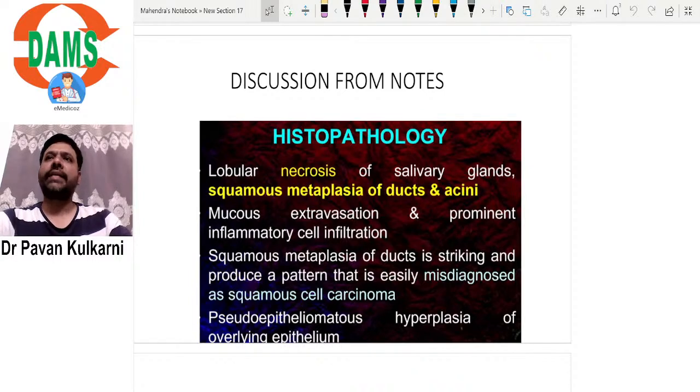Oral cancer will show atypia, which is not seen in necrotizing sialometaplasia. So the main difference is you have to look for dysplasia. Dysplasia or atypia, both are the same. It is seen in squamous cell carcinoma, whereas it is absent in necrotizing sialometaplasia.